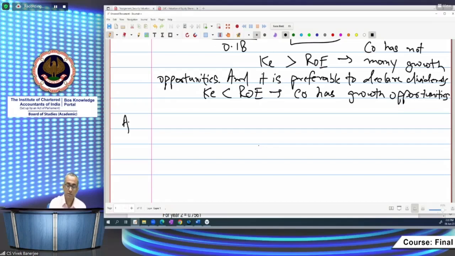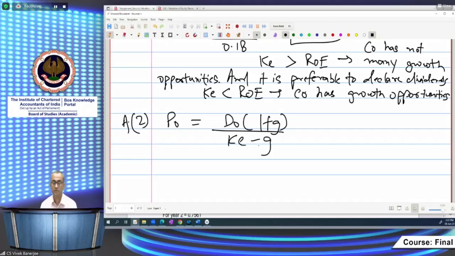This is the answer to question number 2 of the assignment. Present value of equity shares P0 is equal to D0 (1 plus g) upon KE minus g. D0, the current dividend, is 2.5.